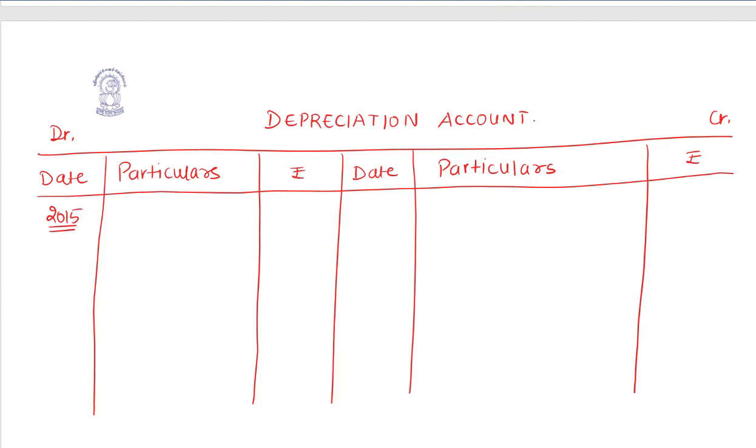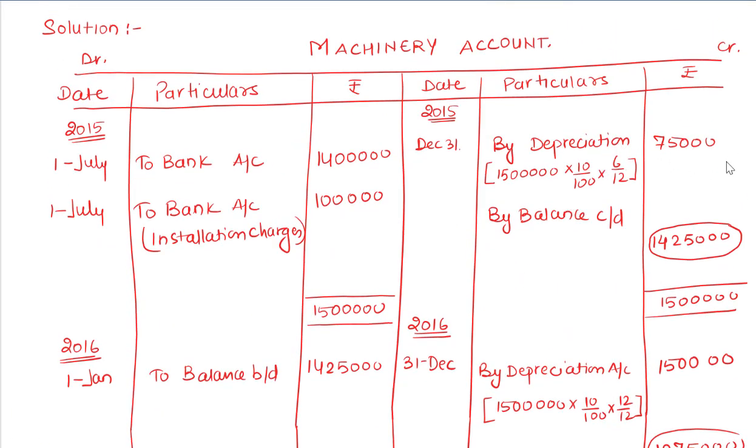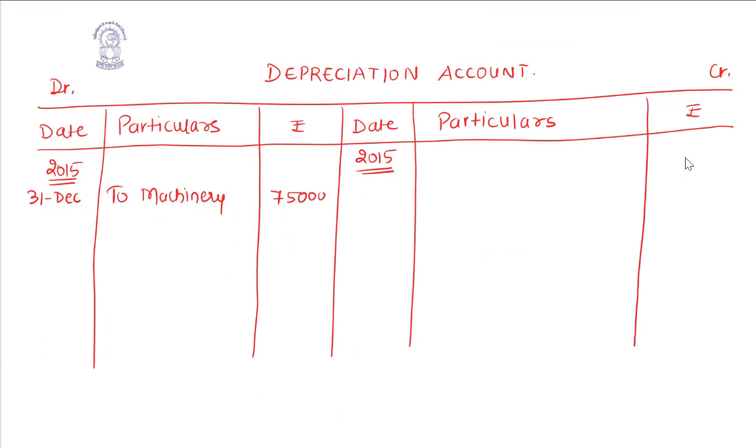2015. 31st of December 2015, to machinery account. We will charge depreciation to machinery account, 75,000. From where did this 75,000 come? Just see it over here, the credit side of the machinery account, 75,000.